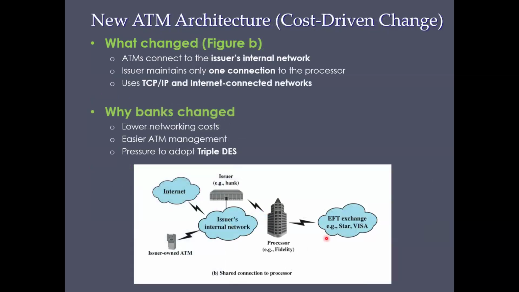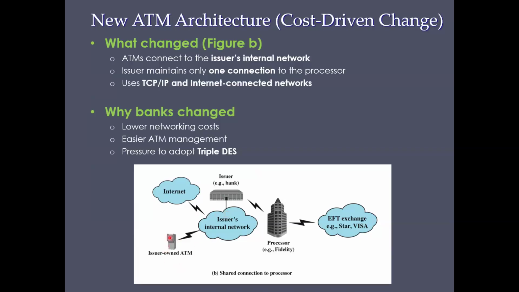So that is why we have this new ATM architecture, which is cost-driven. What changed here is that we have an internal network, the issuer internal network, and that issuer maintains a single connection to the processor. So it moves from point-to-point to a shared connection.